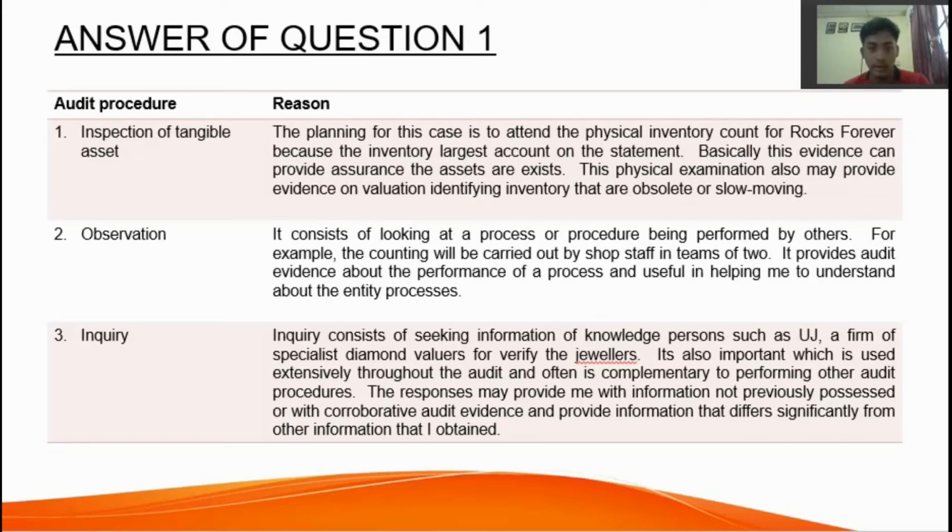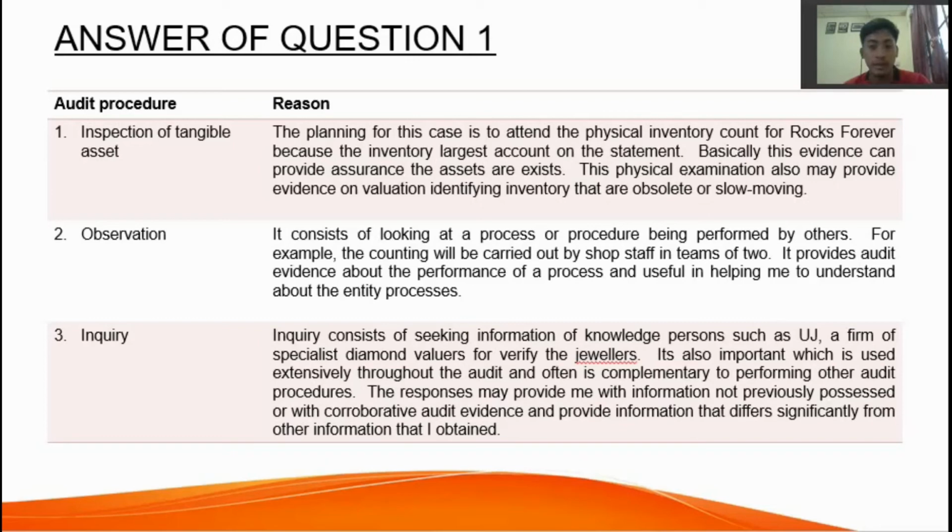The second audit procedure is observation. It consists of looking at the process or procedure being performed by others. For example, the counting will be carried out by shop staff in teams of two. It provides audit evidence about the performance of a process and is useful in helping me to understand the entity processes.